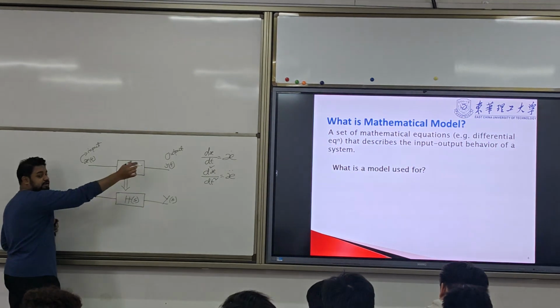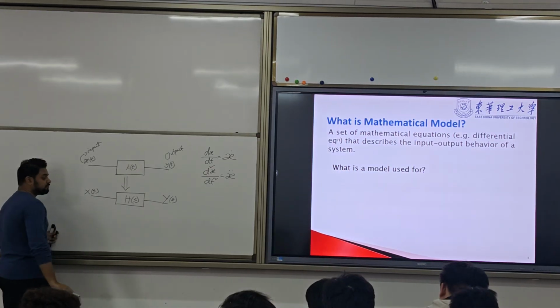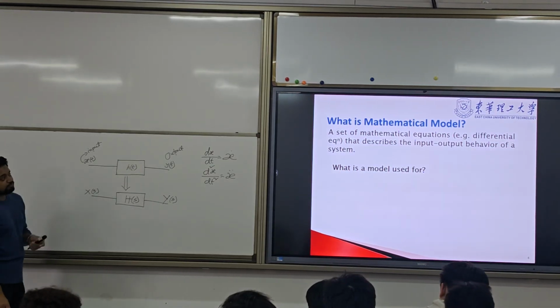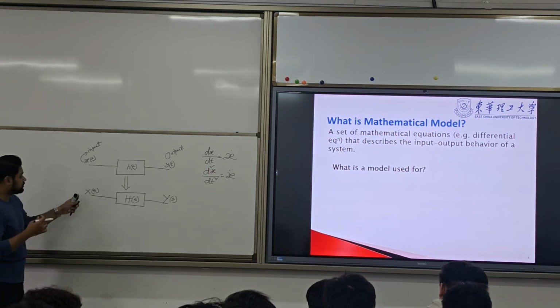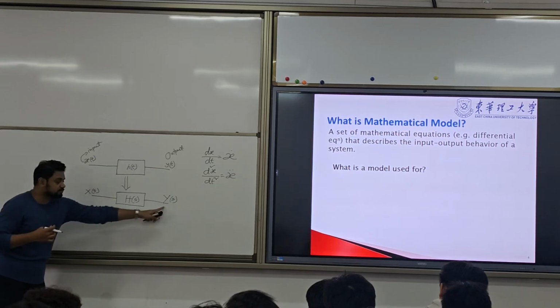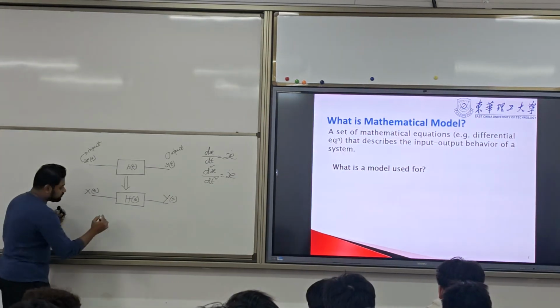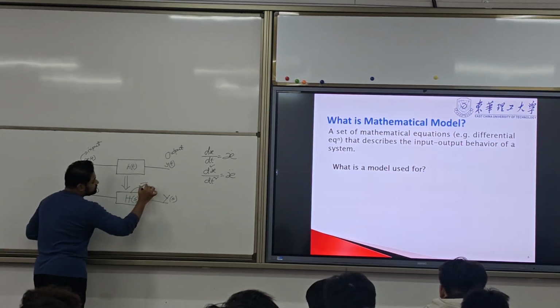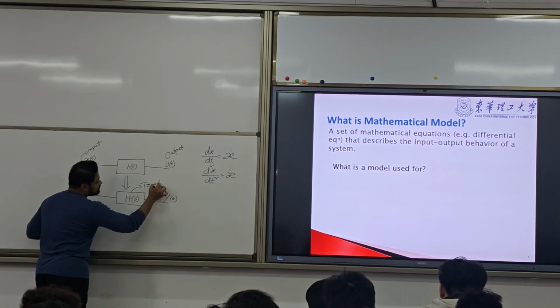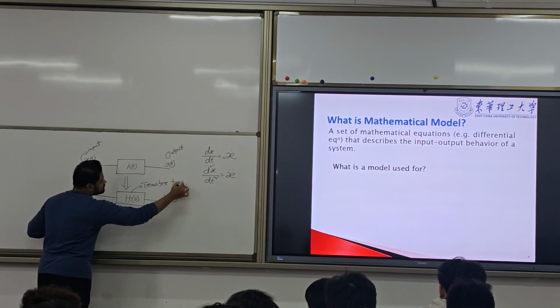This is the time domain system, this is the frequency domain system. Now the mathematical modeling we use to analyze the relation of input-output behavior of the system. So this H(s) is called the transfer function.